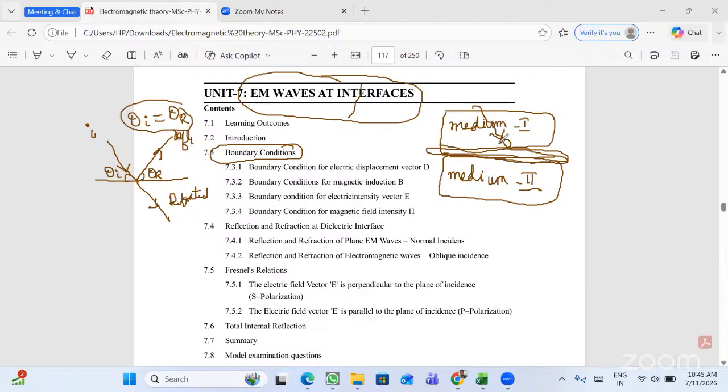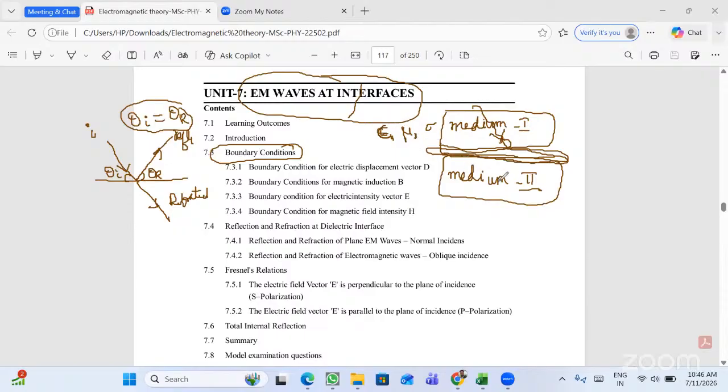So if I take the permittivity of the medium, generally we write it as epsilon 1. Epsilon 1 is the permittivity of medium 1, and the permeability is mu 1. The conductivity we write as sigma 1. Generally we are dealing with epsilon 1 and mu 1.